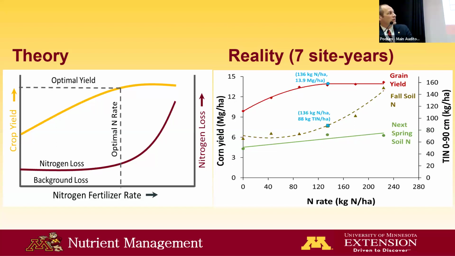We also looked at residual nitrogen the following spring. We see that there's very little difference in nitrogen between these lower end rates to the economic optimum, but there is a substantial decline in residual nitrogen by the following spring. So the potential for loss, the potential for that nitrogen not to be plant available, is substantial once you go above that economic optimum.